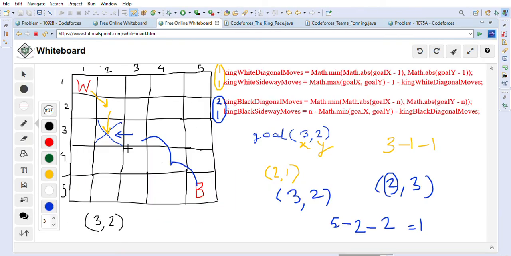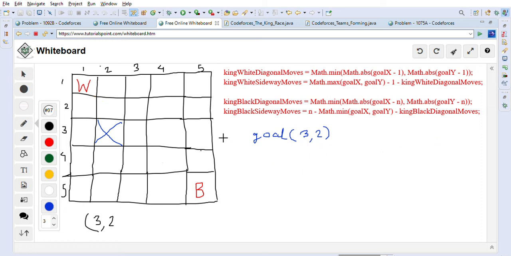So let's try one more example now. I am just going to revert this coloring so I can reuse this whiteboard again. Let's say our target is 3 comma 4.